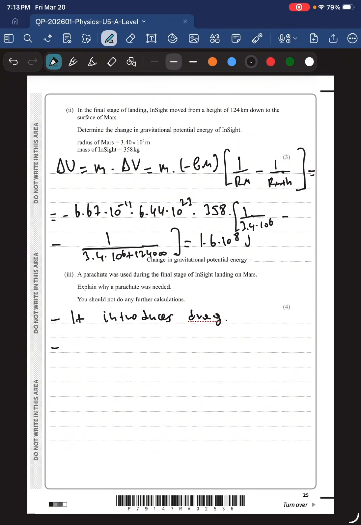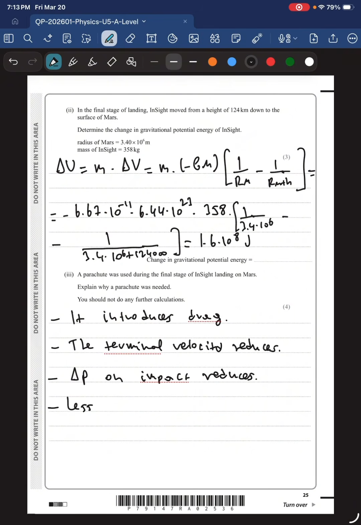So this means the terminal velocity reduces, compared to not using a parachute. So this reduces delta P, the change in momentum on impact, and less damage to InSight.